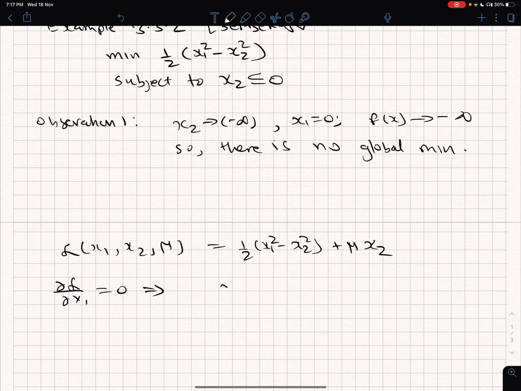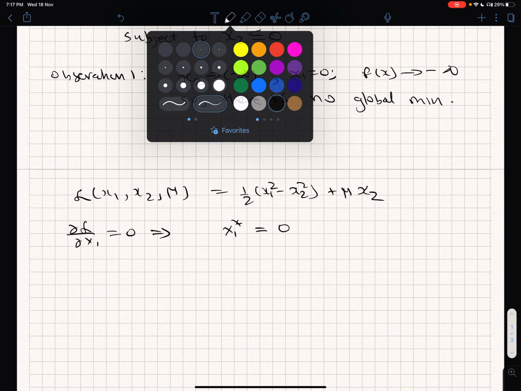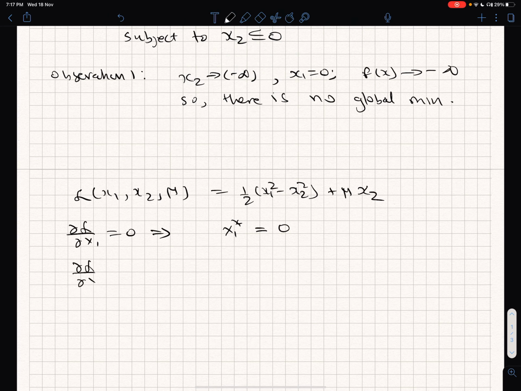So I will get x1 star should be equal to 0. And if I take the partial derivative with respect to x2 and set it to 0, then I will get minus of x2 star plus mu star equal to 0.